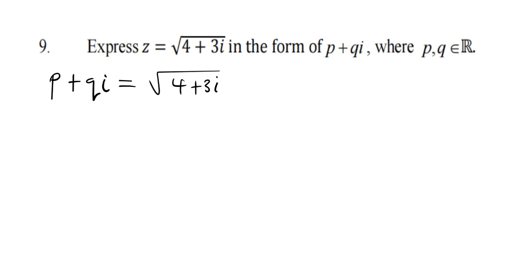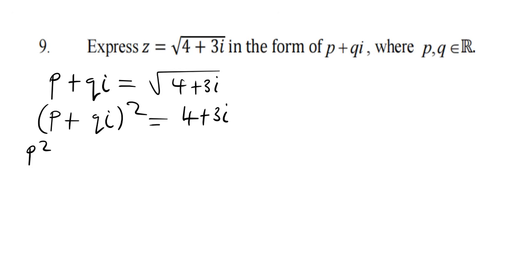Okay, if we square both sides, we're going to have p plus qi, squared, equal to, when we square the square root on the other side, they just cancel. So on this side I'm just going to have 4 plus 3i. Let me now expand this expression. We're going to have p squared, plus 2 multiplied by p, that is 2p, multiplied by qi, so plus 2pqi.